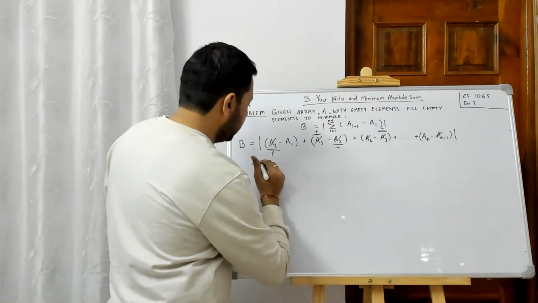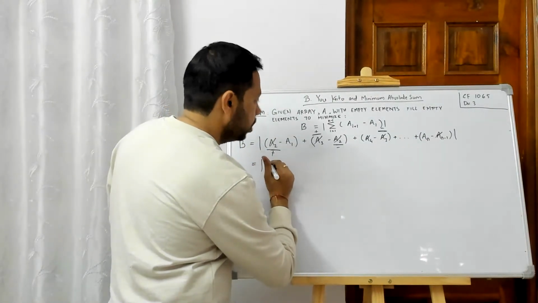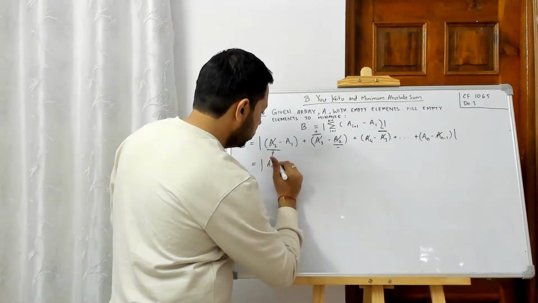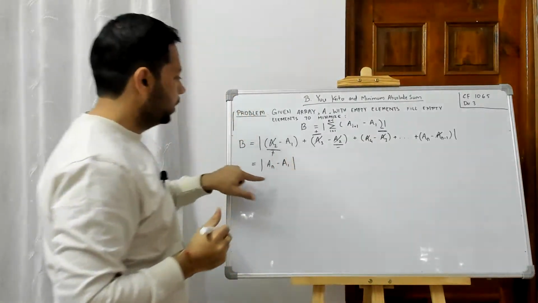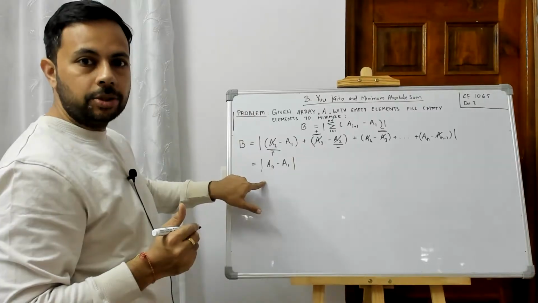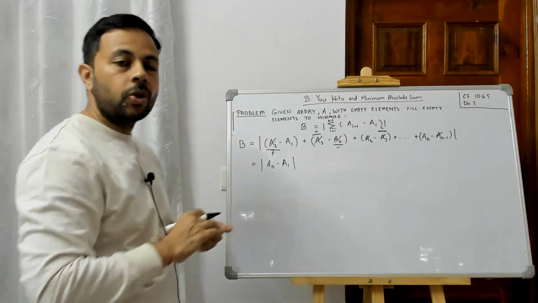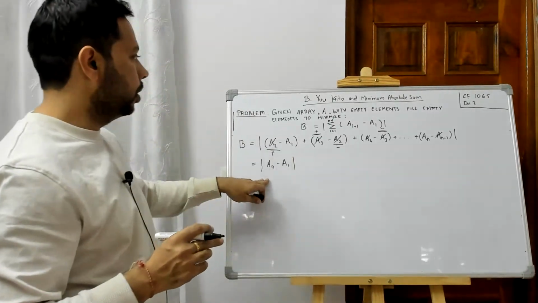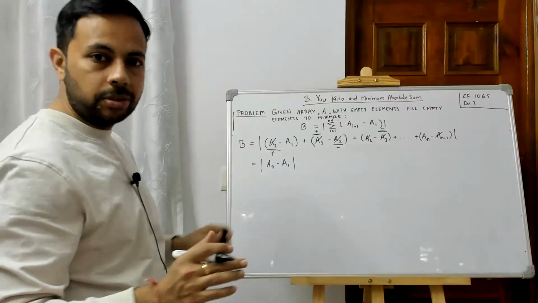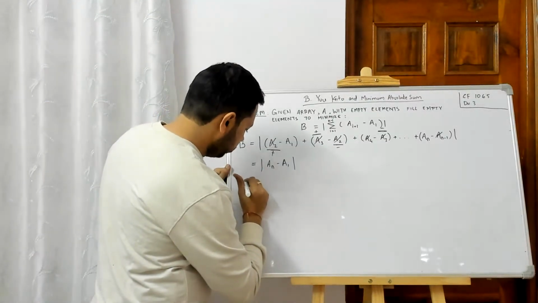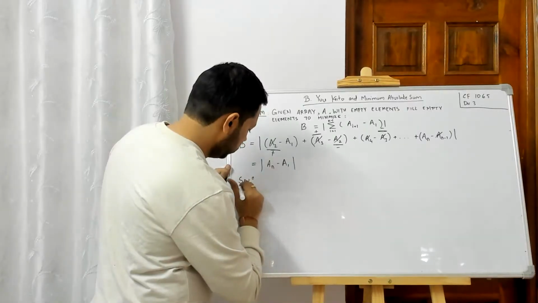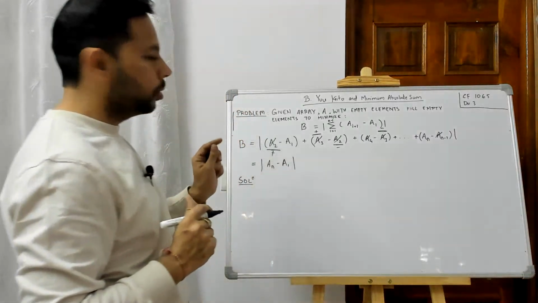What I'll get in the end is the absolute value of an minus a1. That's the expression that you get. Once you have this expression, problems become very simple. Problem solution. Solution is just this.